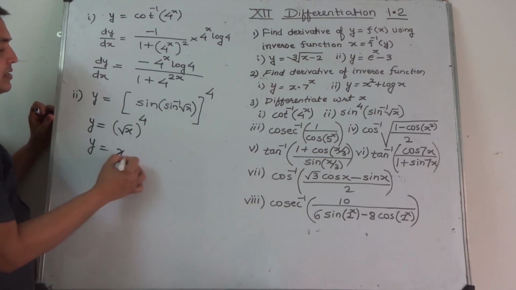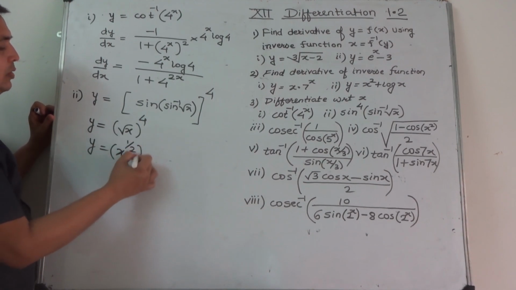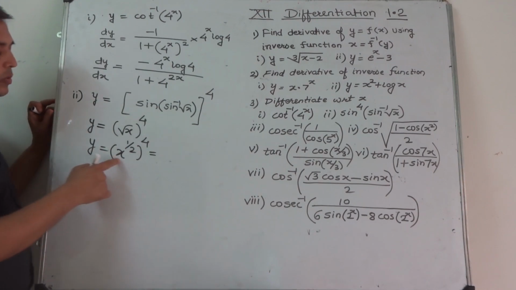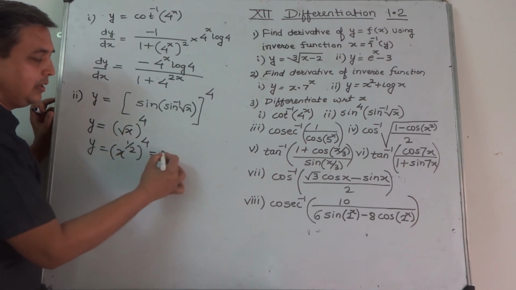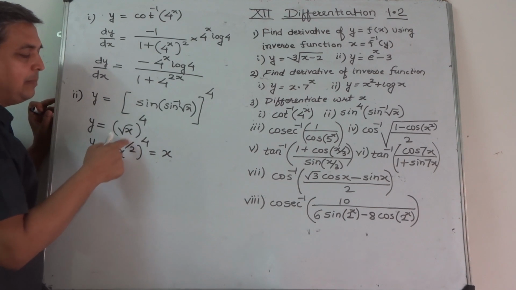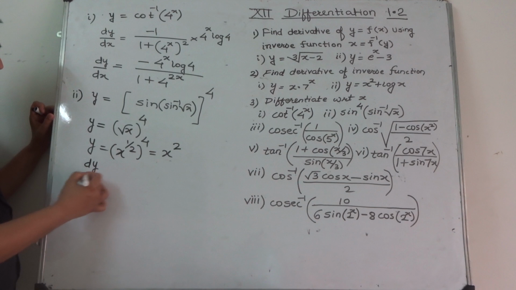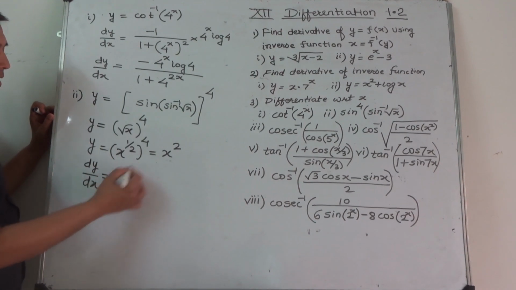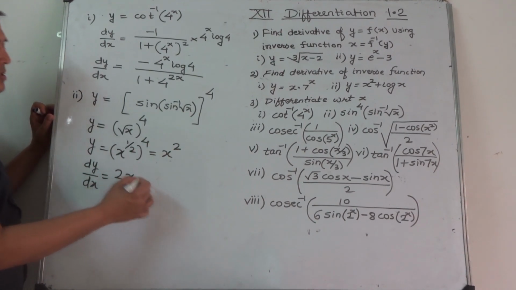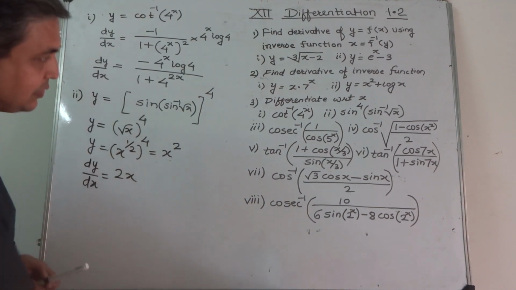Root x is x raised to 1 by 2 to the power 4, and that is a raised to m whole raised to n, a raised to m into n. Half into 4 is 2, and then we find the derivative dy by dx. Derivative of x square is 2x. So this is question 2.